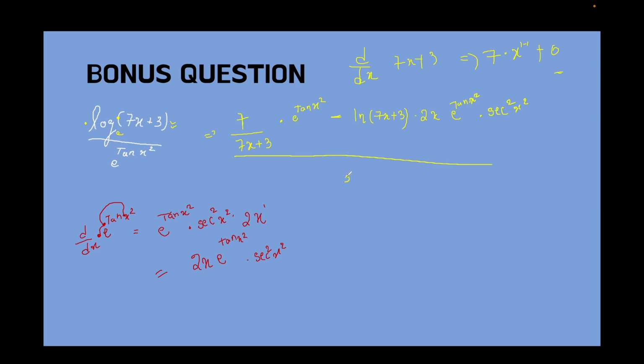Divide by the denominator, whole square, e power tan of x square, whole square. Basically, should I write this 2 over here? E power 2, whole square is nothing but e power 2 into 2, which is e power 4. Correct? What should I write?